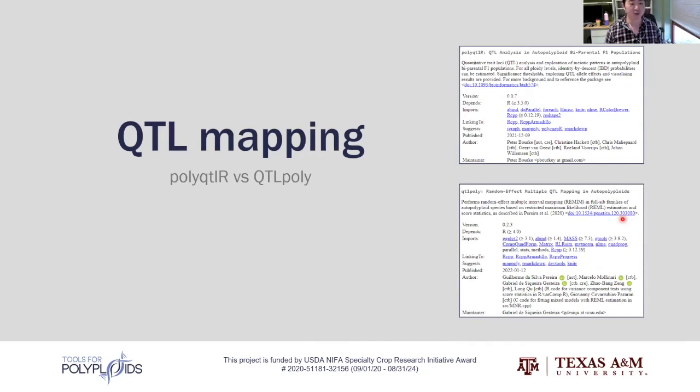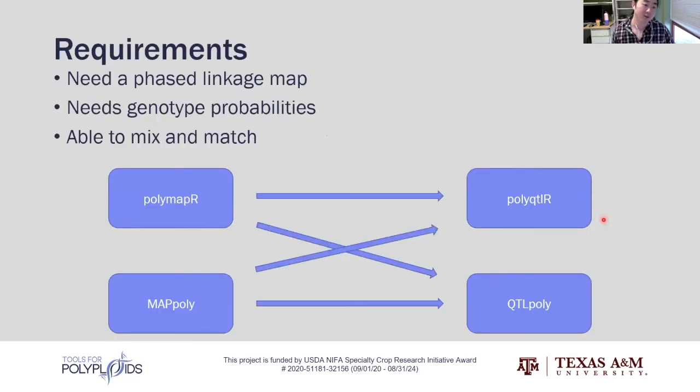So moving along to QTL mapping, we looked at polyqtlR versus QTLpoly, and some requirements for QTL mapping, as discussed earlier this morning, is that you need phased linkage maps and you need genotypic probabilities or IBD probabilities.